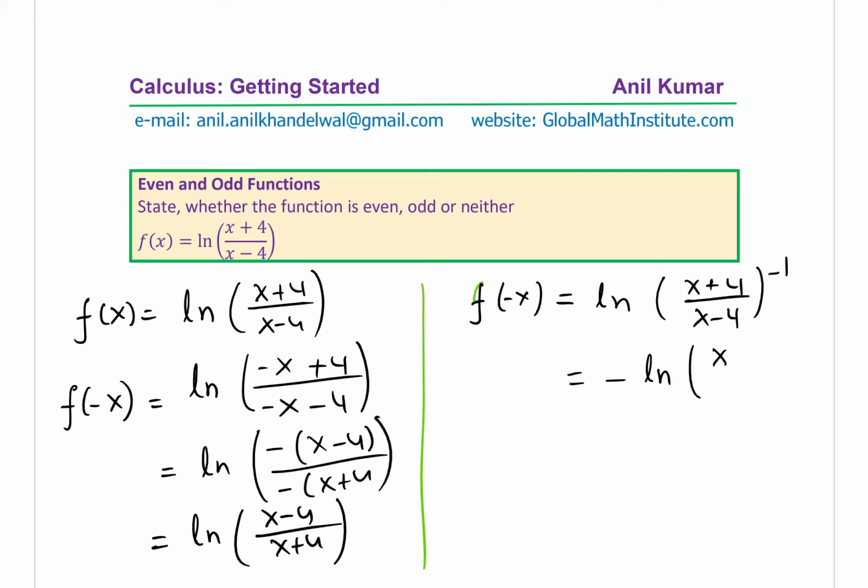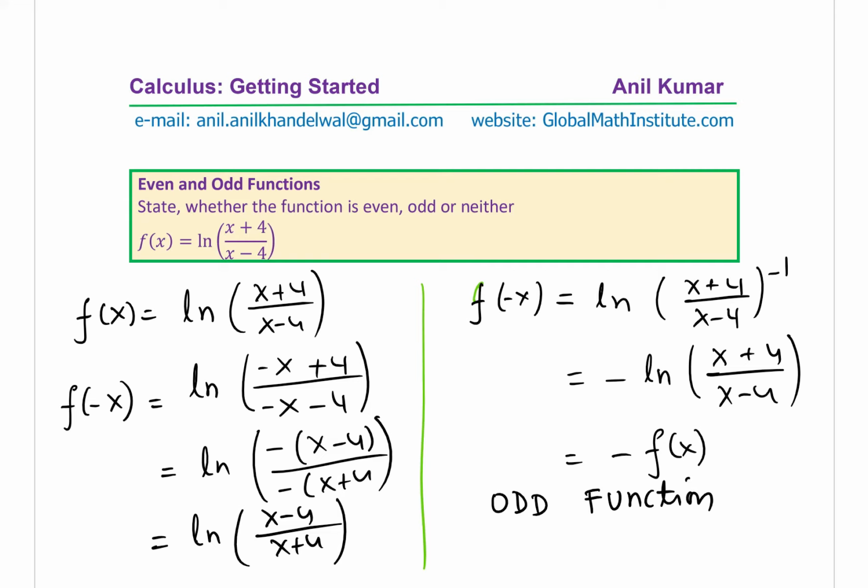So that is how we get this power. So it's minus of ln of (x plus 4) divided by (x minus 4). Now that is the function itself, so we get minus of f of x. So since f of minus x is minus of f of x, it is also an odd function. Is that clear?